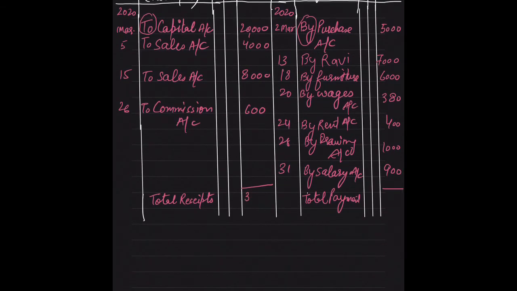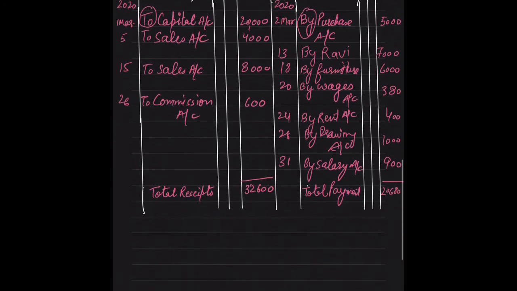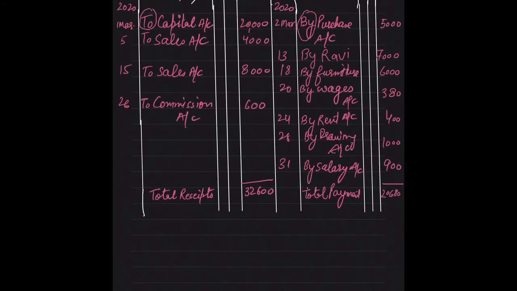Total of this debit side is 32,600, and the total payment on this side is 2680. I discussed earlier that the total of the debit side is always greater than the total of the credit side. You can see total receipt is 32,600 and total payment is 2680, right? The difference between the total receipt and total payment will be balance carried down, shown on the credit side.